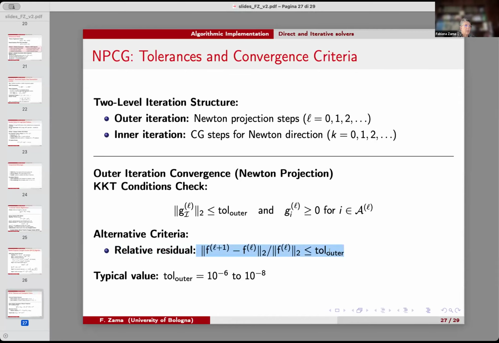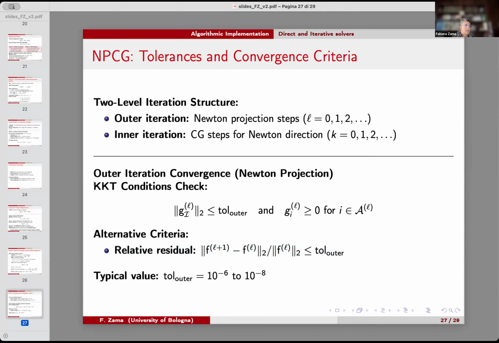We set an outer tolerance, and we have to be precise. You see that the tolerance ranges between 10 to the minus 6 up to 10 to the minus 8. You need to solve this problem precisely, otherwise you have a bad update of the lambdas, and all the regularization method fails. You are not able to make it converge.